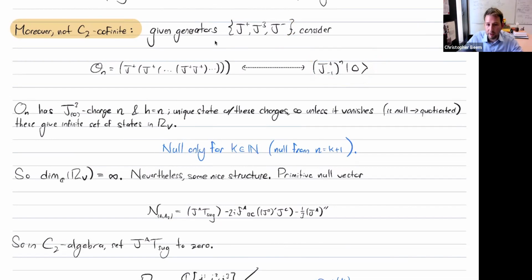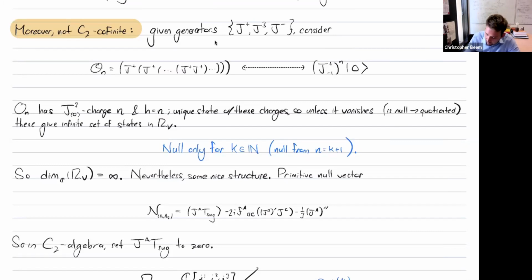There's obviously an infinity of such states for any n. They have J3 charge n and conformal dimension n. And in fact, they're the unique states with J3 charge equal to their conformal dimension. And so either those states are there or they're not. They can't be related to some other states by some sort of null relation.